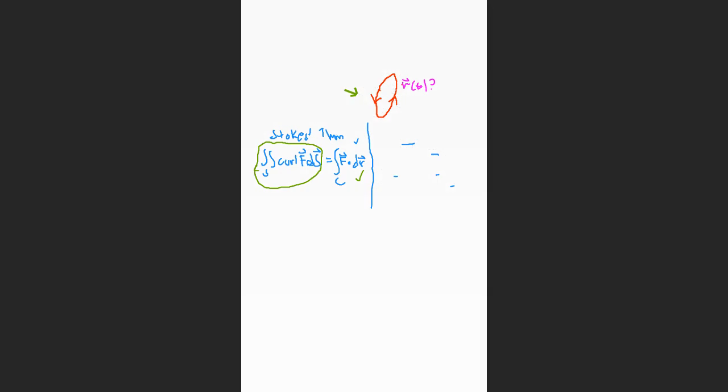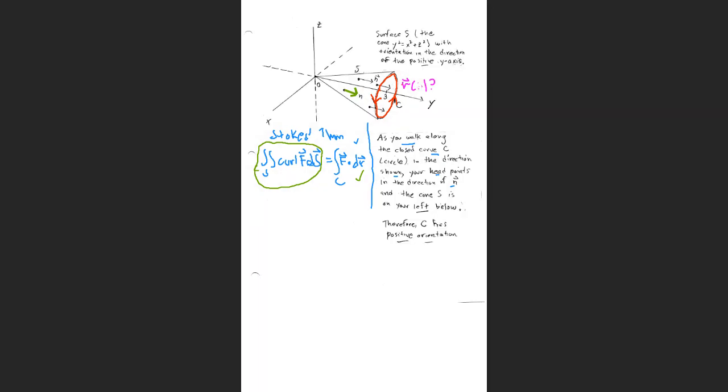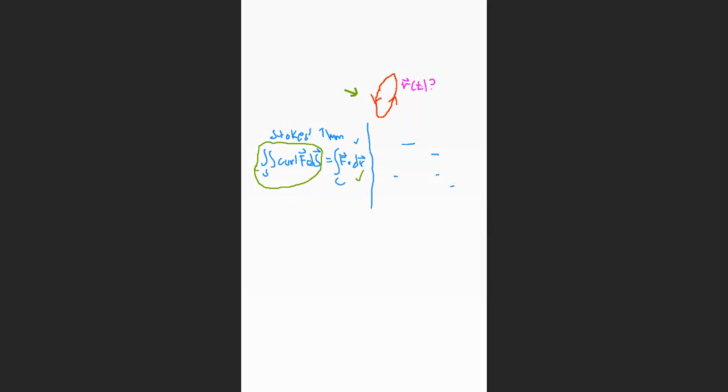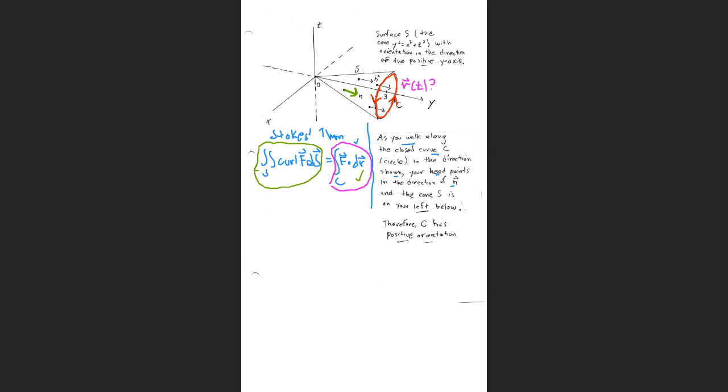Because to compute this work integral here, if we're going to use the regular definition of the work integral, we're going to need to find that vector function R of t.